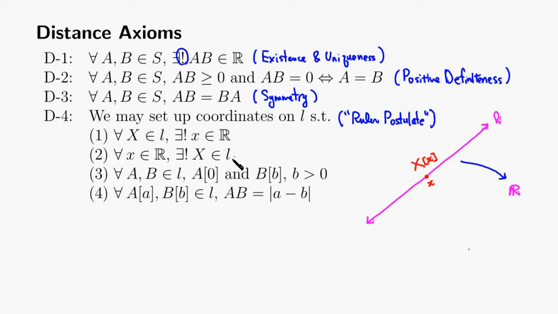Part 2 says that for all real numbers, there's a unique point on the line corresponding to it. So this mapping is going to be onto.